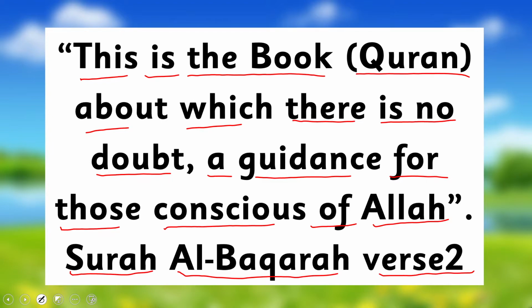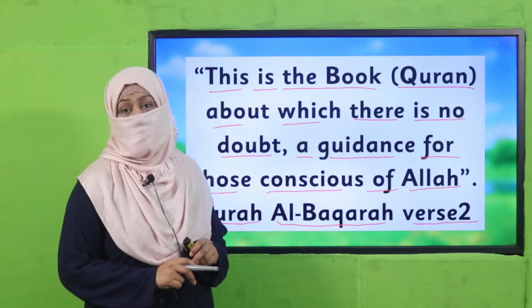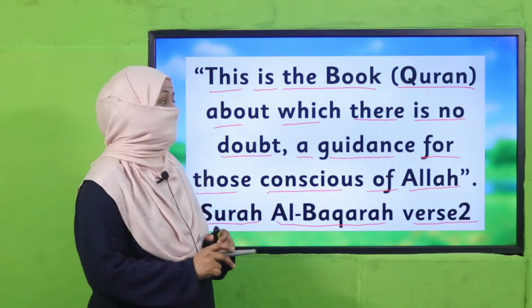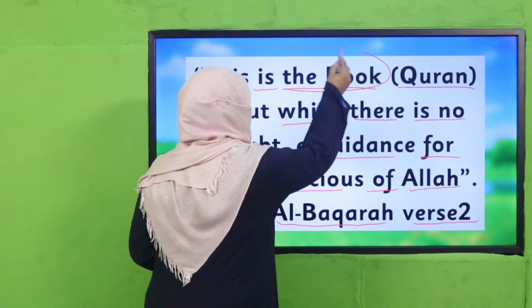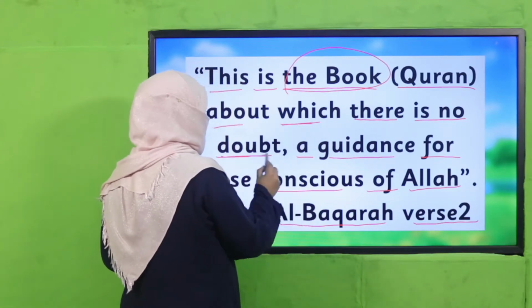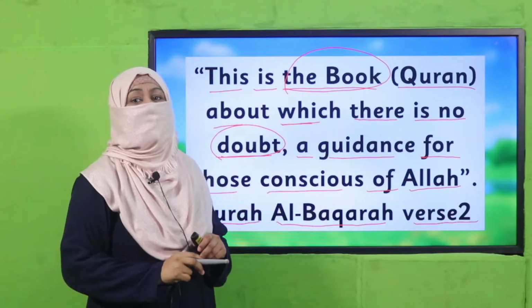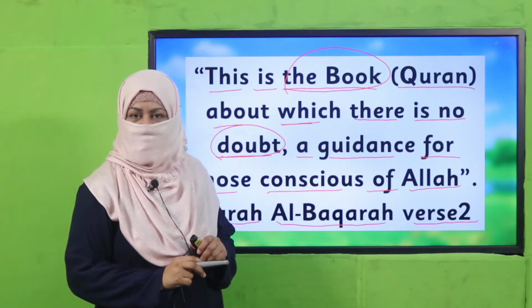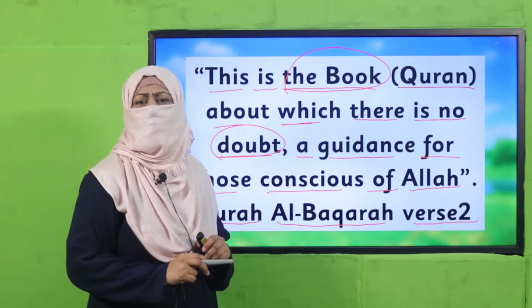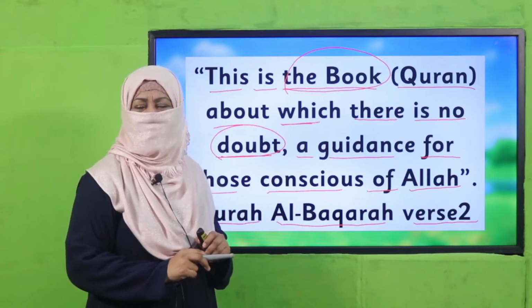Yes, my dear children, this beautiful verse tells us the importance of Quran. Allah subhanahu wa ta'ala is saying, this is the book in which there is no doubt. It means each and every word of Quran is truth. We should believe in it and we should act upon all the commands of Allah subhanahu wa ta'ala, right?